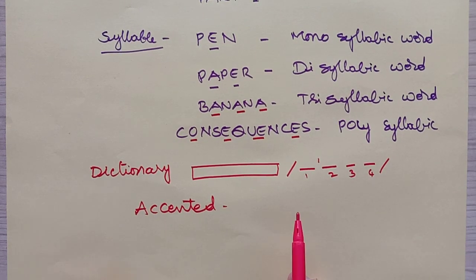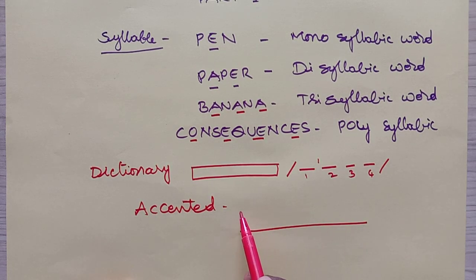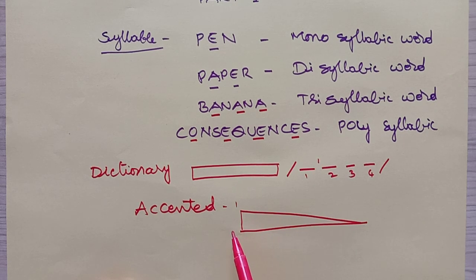For example, this is a word and this is the accent. So we raise our voice here while pronouncing this. We give more breath here. Now this is called the accent.